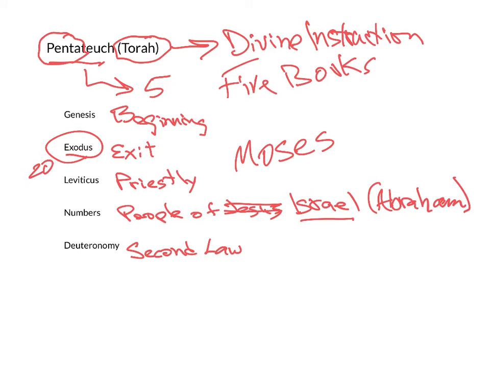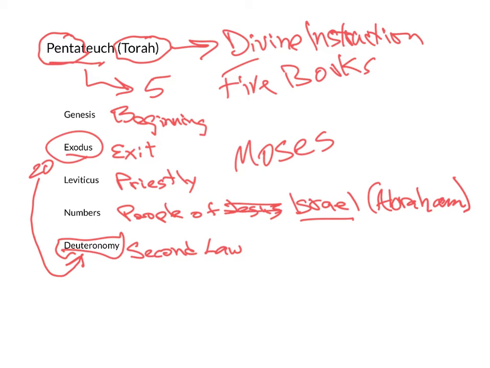And the Ten Commandments and a lot of other stuff are repeated in Deuteronomy as the second giving or the second telling of the law. So in Deuteronomy, you have this elaboration of what was in one chapter in Exodus chapter 20.